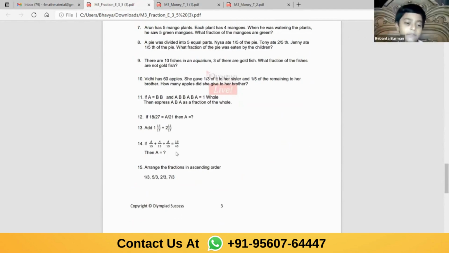Here, in the first, 1 by 15, then 9 by 15, and then 9 by 15. The last one will be 8, the middle one will be 9, and the first one will be 1. So 9 plus 1 equals 10, and 10 plus 8 equals 18. No, but you have to see that for the value of A, Rebanta, all 3 A should be equal, because all 3 are A. So they have to be equal. They can't be unequal.